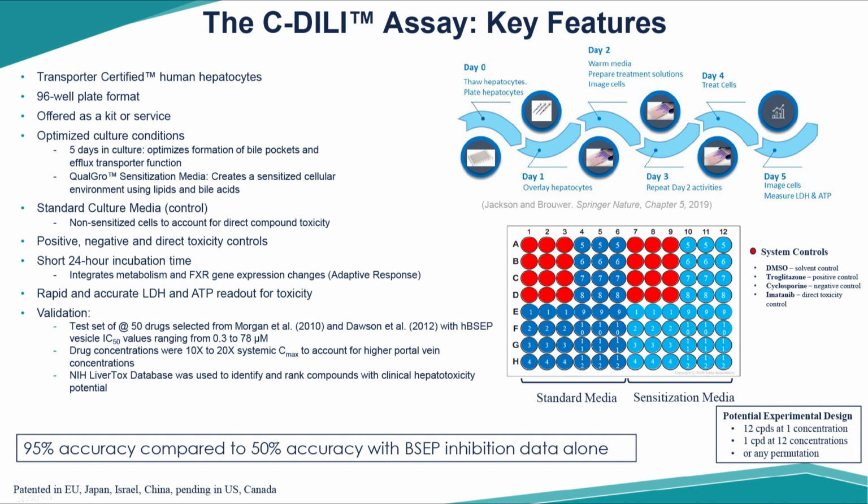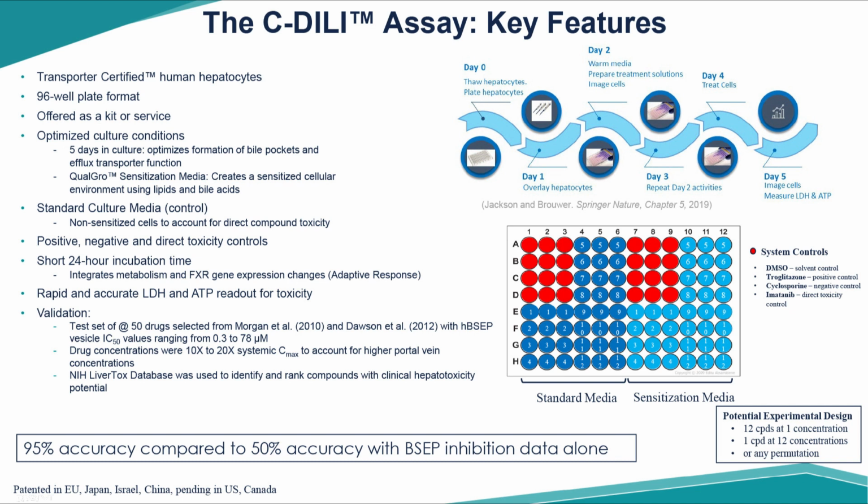So I think it's very important. As I mentioned, we use troglitazone as our positive control, cyclosporin as our negative control, because even though cyclosporin is a very potent BSEP inhibitor, the hepatocyte can adapt to that. But with troglitazone, it's doing multiple things.